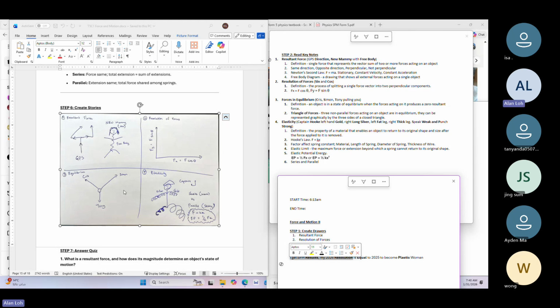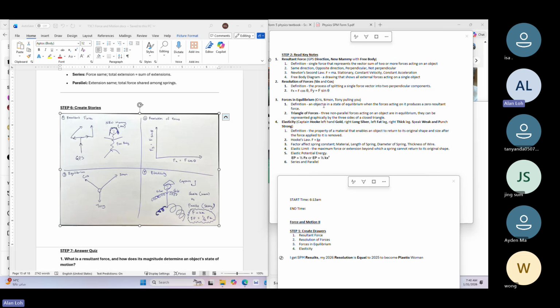Number 3, equilibrium. Anyone put anything on the chat? No. Okay, good. So far so good. Equilibrium. So you have this Chris, Simon, Tony pulling you. C is equivalent to the cos. Remember there's this triangle of forces.